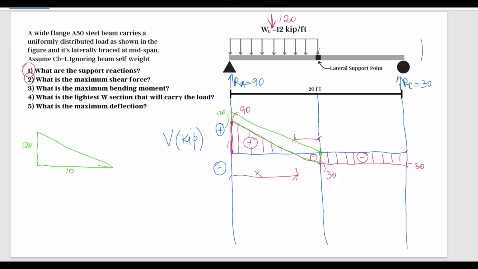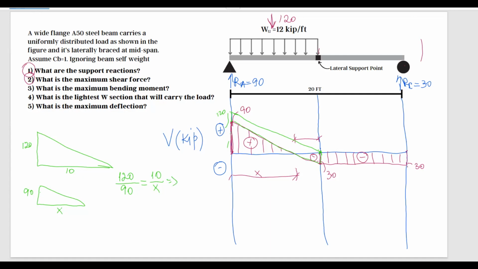And now I have this similar triangle, which this value we know it's 90, right? And the value we don't know is x. So from these two similar triangles, we're going to calculate x. The way we do this, we're going to work with this side: 120 over 90 is equal to 10 over x.